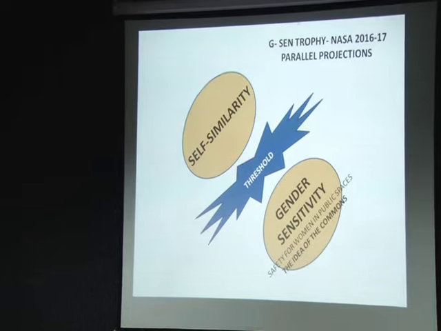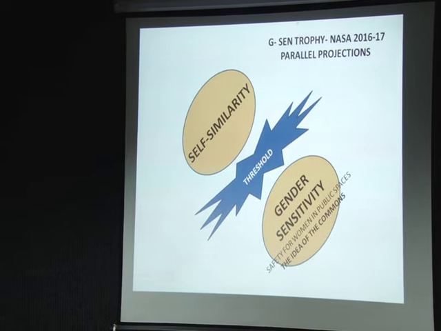So the 2014 NASA theme of transformation was to design ideas for public spaces. And coming back to parallel projections, we will take only these two ideas: one is self-similarity and one is gender sensitivity. We will consider these to be two parallel lines, and we have to explore the threshold between these two concepts.